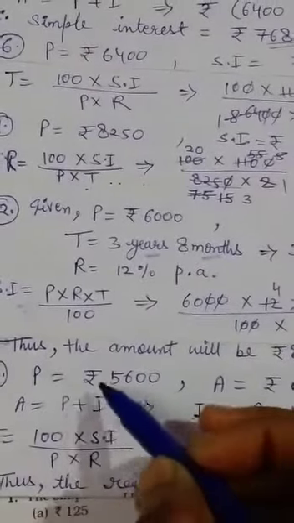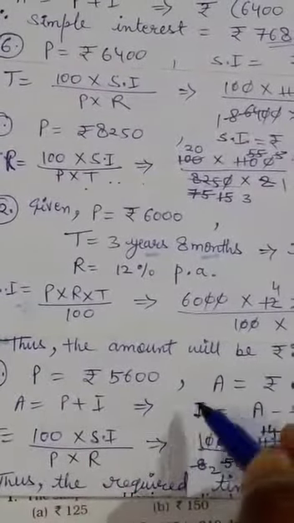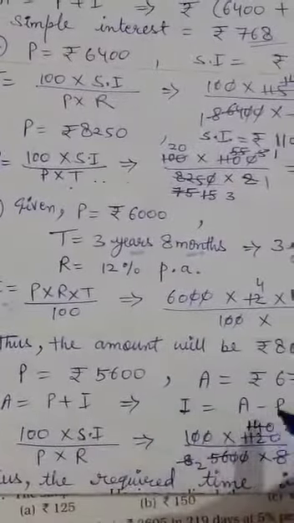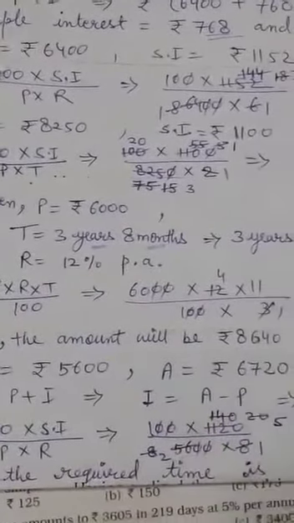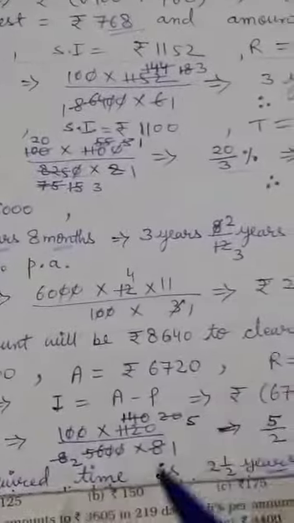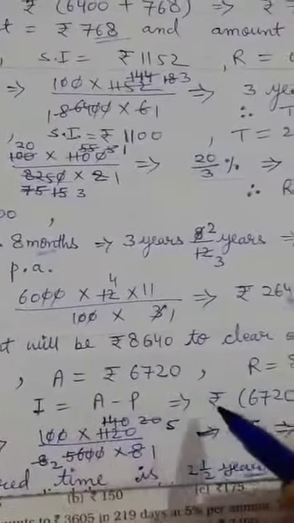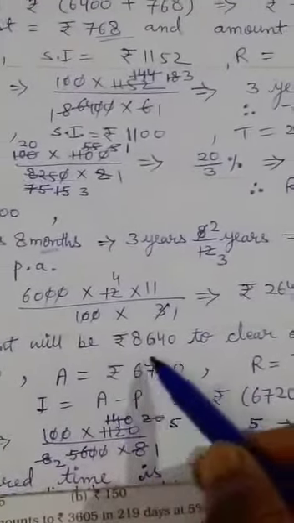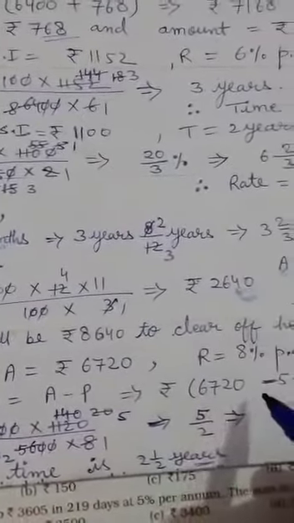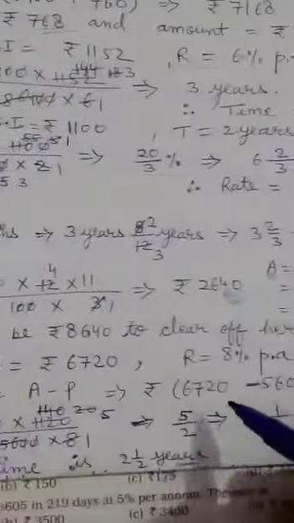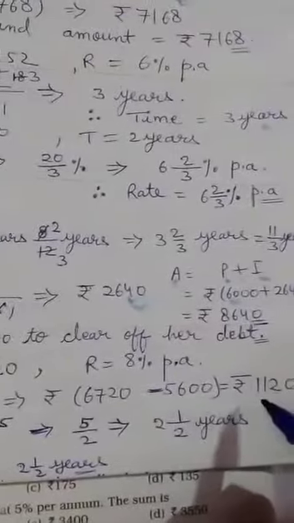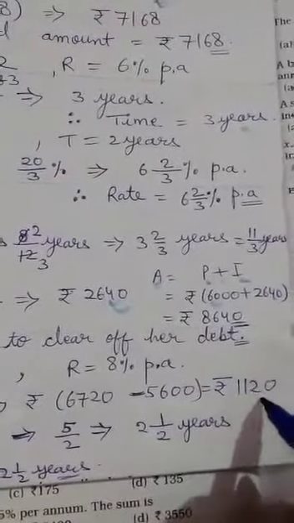We have to find the interest. For finding the interest, the formula is amount minus principal. Use this formula, put its value: rupees 6720 minus principal 5600. You will get rupees 1120.